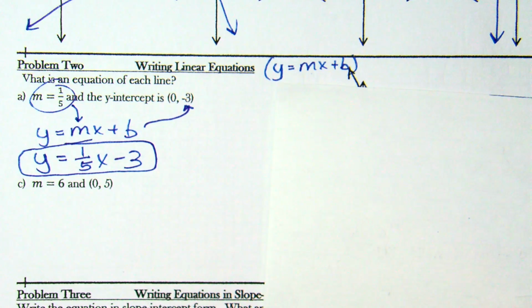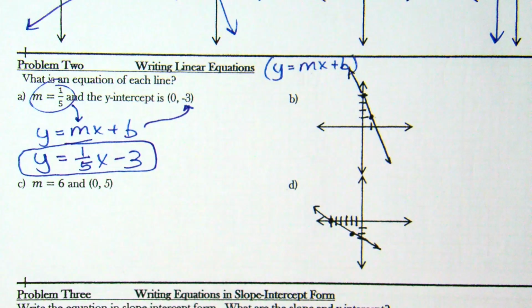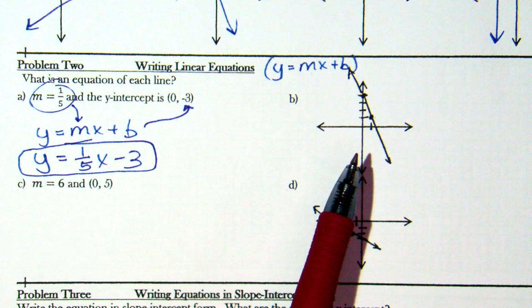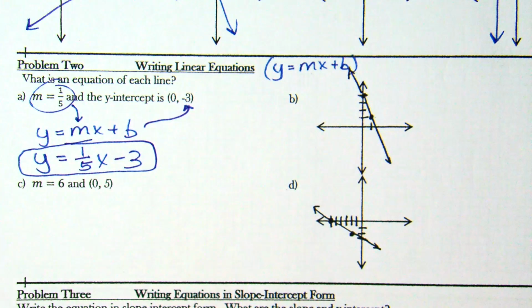Let's try graph B. So this time, instead of being told the slope and intercept, I have a graph, which means I'm going to have to find the slope and intercept, yes? Thoughts on the slope or intercept here on B?